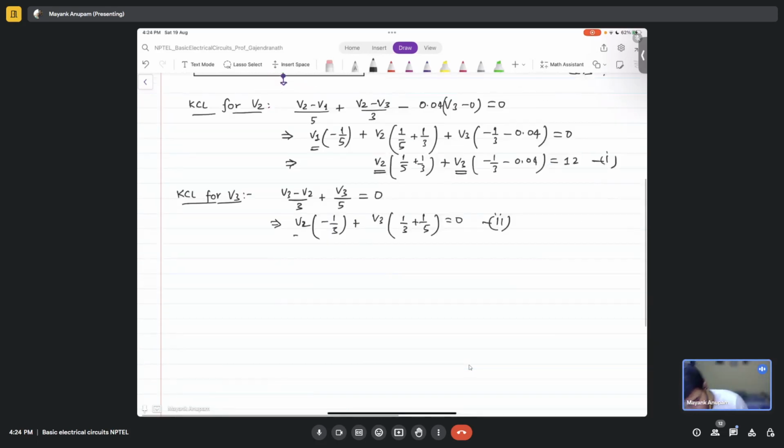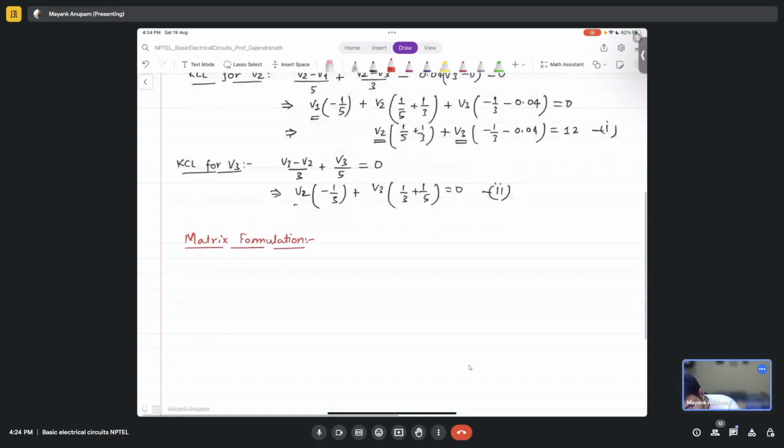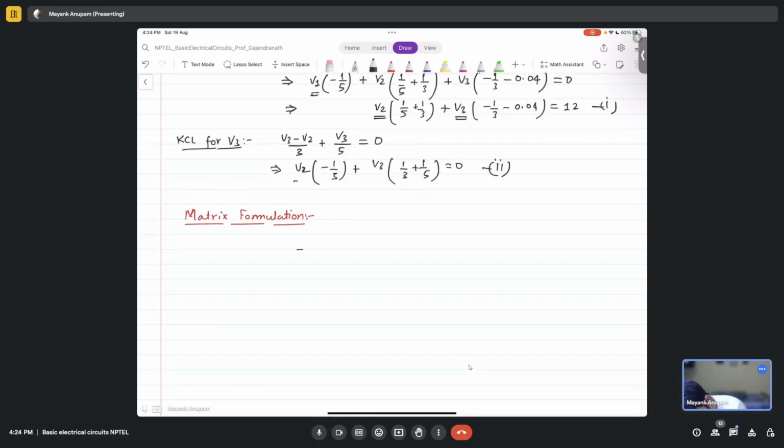Now let's quickly represent it in terms of a matrix. How many rows and how many columns will the matrix have? Two and two. It will have two rows and two columns.